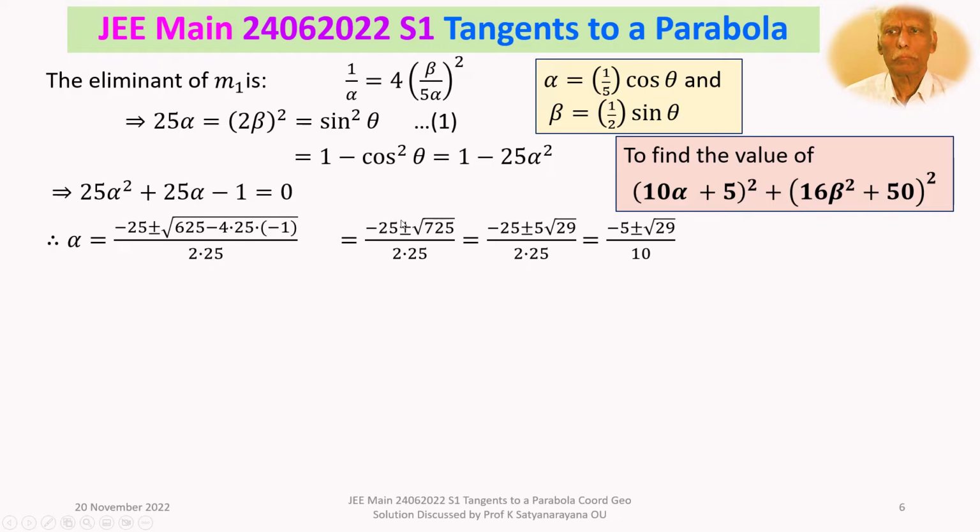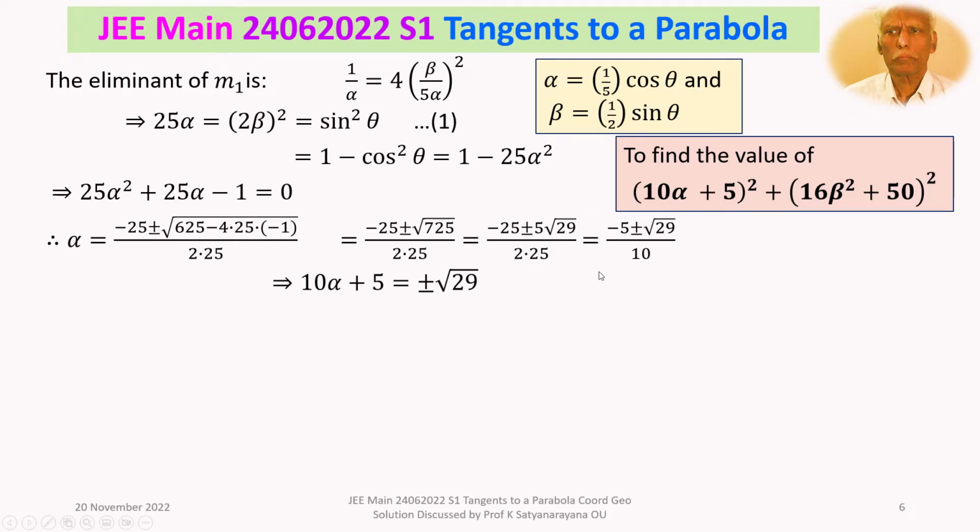Simplifying, you will get minus 5 plus or minus under the square root of 29 by 10. Cross multiplying, 10 alpha is equal to minus 5 plus or minus root 29. So 10 alpha plus 5 is equal to plus or minus root 29, which is what we want to find.